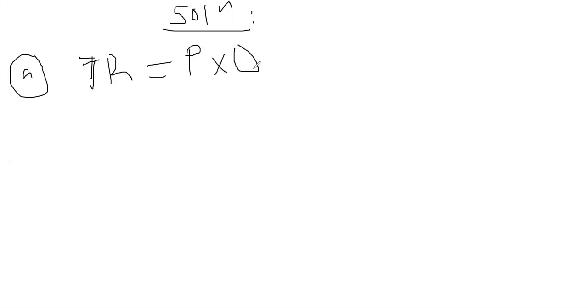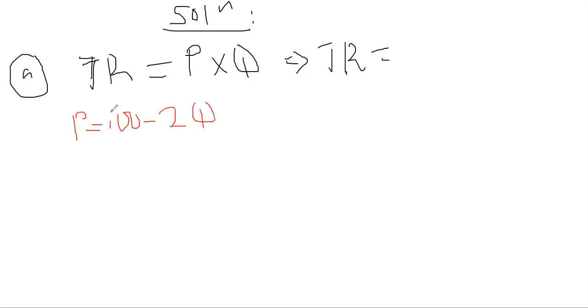We know this. So equivalently, we can say that total revenue equals our price. If you go back, the price given to us is P equals, that is our demand curve, 100 minus 2Q. This is given to us in the question. So we have this already.